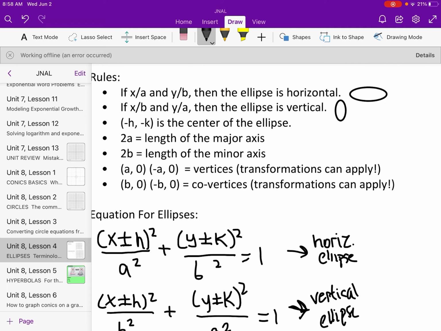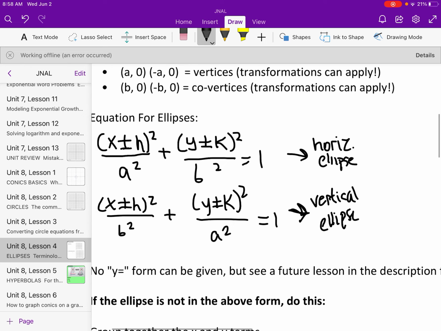That is the center of the ellipse, and 2a is the length of the major axis, 2b is the length of the minor axis. And then you have to find vertices and co-vertices, which are like the corners of the ellipse, and the vertices are the ones that are on the major axis, which are points (a, 0) and (negative a, 0). If there are transformations, that changes.